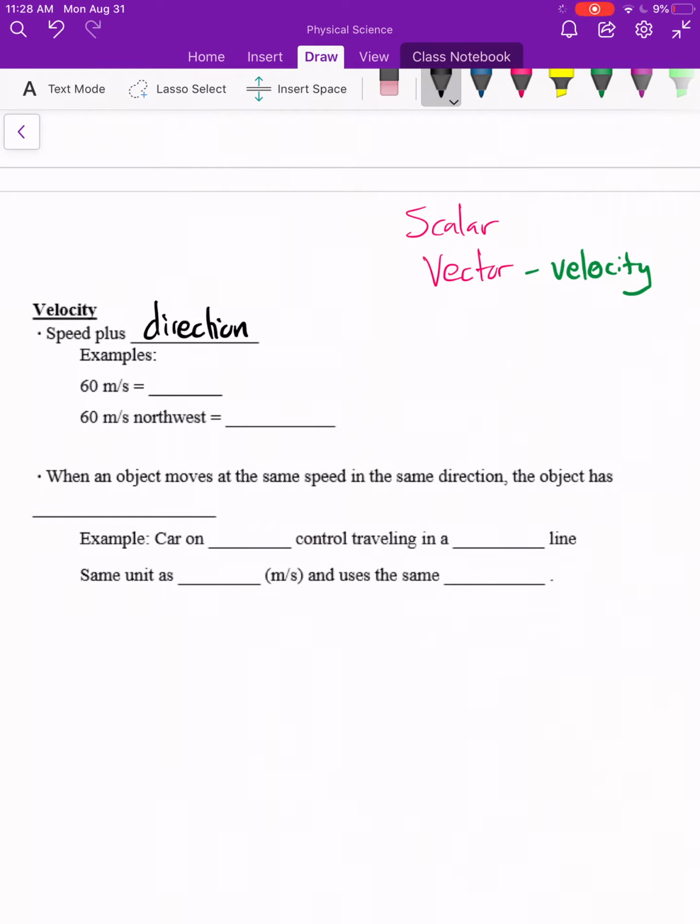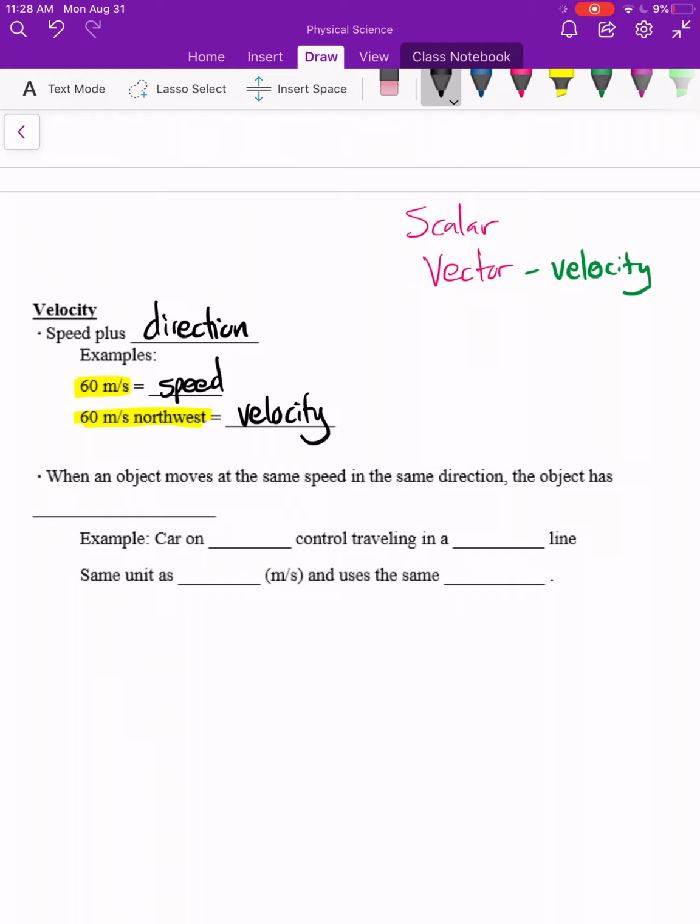So 55 miles per hour, 55 miles per hour south. Here, where I said 60 meters per second, this would be a speed. Then I said 60 meters per second northwest, this would be a velocity. The only difference is I gave direction on the other one, okay?